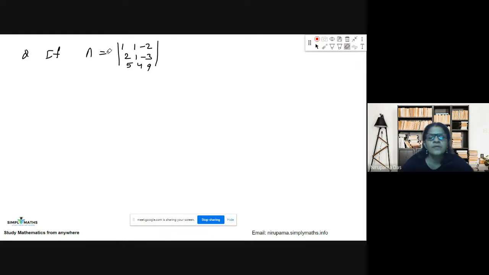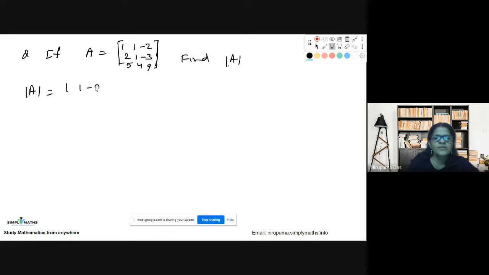Suppose you are given this matrix. Find the determinant of A. So we can write, determinant of A: 1, 1, minus 2; 2, 1, minus 3; 5, 4, 9. Okay, this is the determinant we want to evaluate.